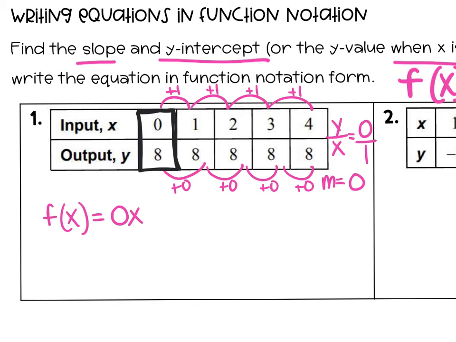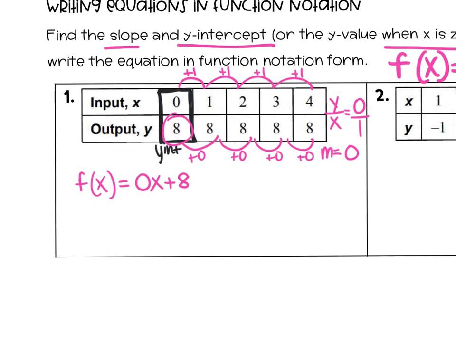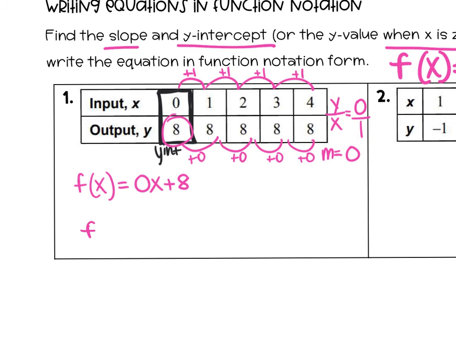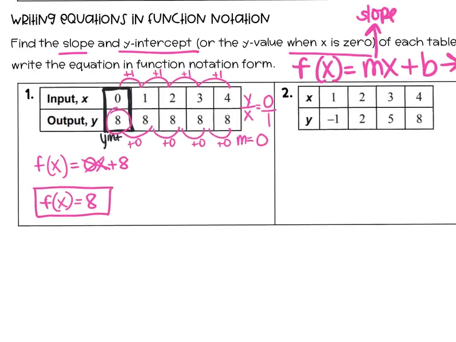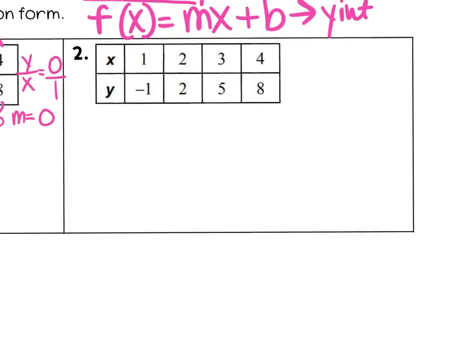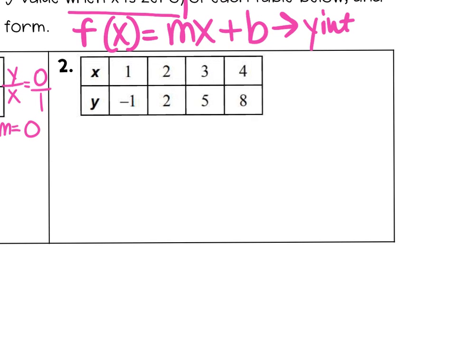So this is my y-intercept, so I'm going to plug that in. That's positive 8. You're looking at the y value, so plus 8. Then you just want to simplify this, because if it's 0x, that's not simplest form. I just really don't need that at all. So I would say f of x equals 8. And usually that's not going to be a plain number, but in this case it was.